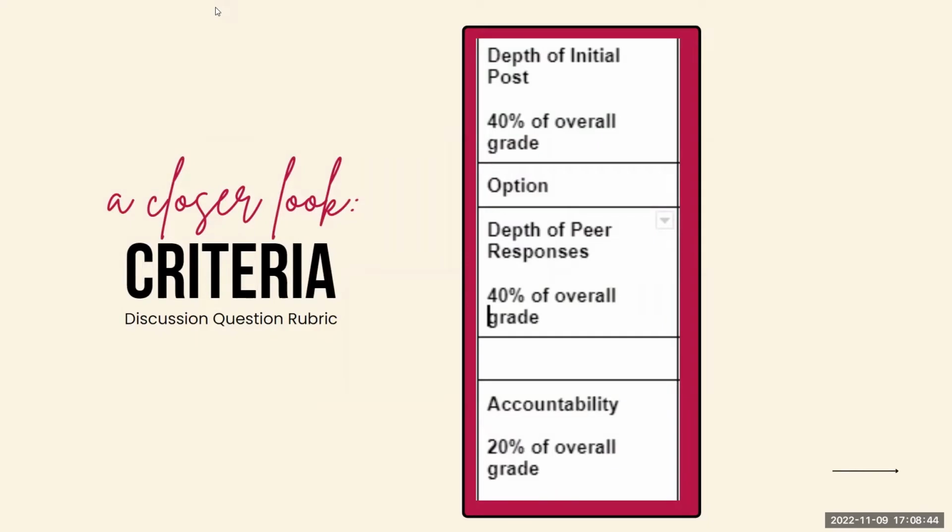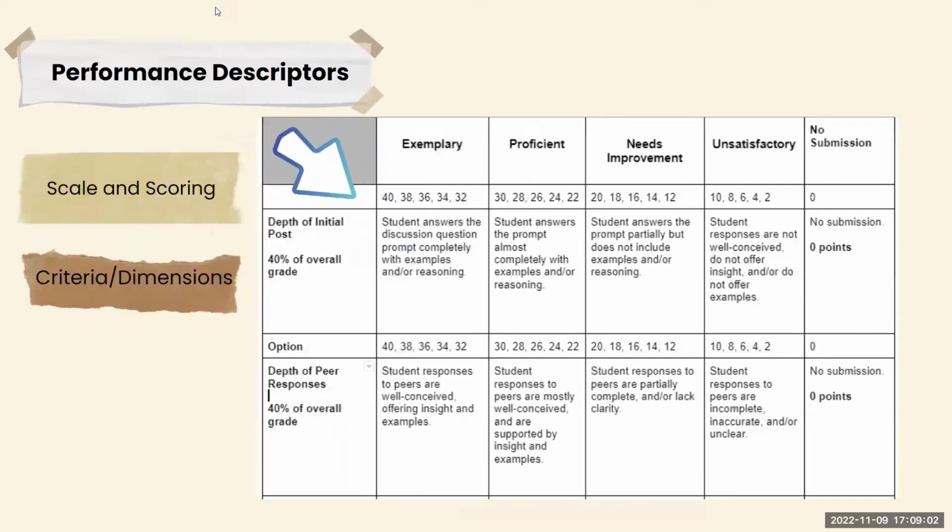Or in this case, did they post on time? The best rubrics include criteria which are appropriate and speak directly to purpose, and they describe the criteria across a continuum of performance levels, which leads us to our last rubric component, performance descriptors.